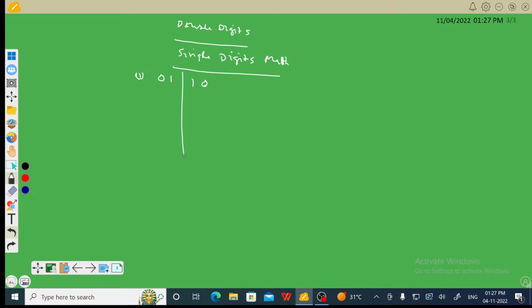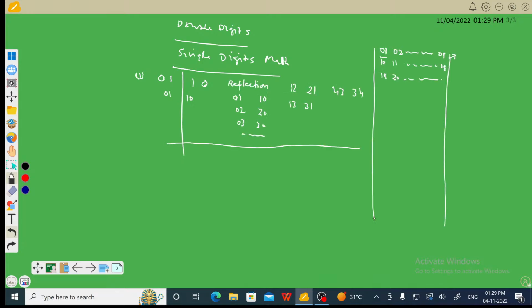If from here, instead of extending ahead, we come back to the first stage and then again start writing the double digit numbers, here it will be 19 and here we will get 20. And like that, if we write all the double digit numbers from 01 to 99 of the 10 place value system, then we will reach here at 99.